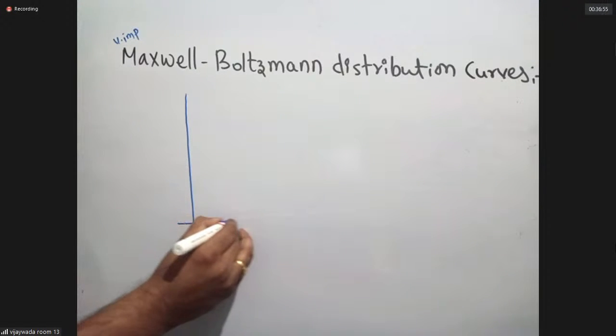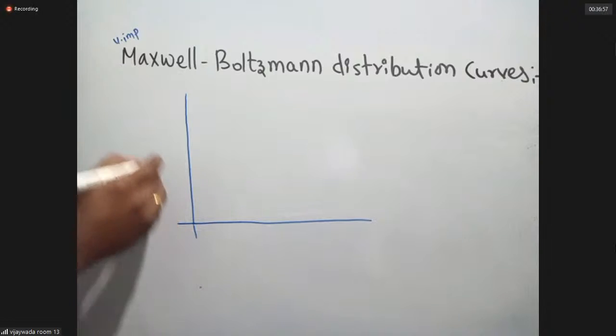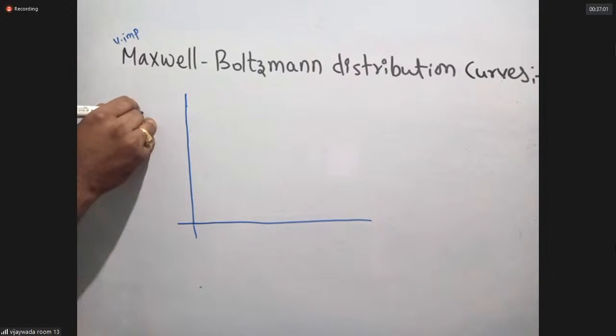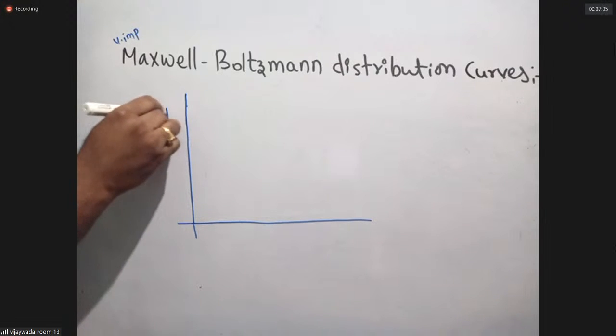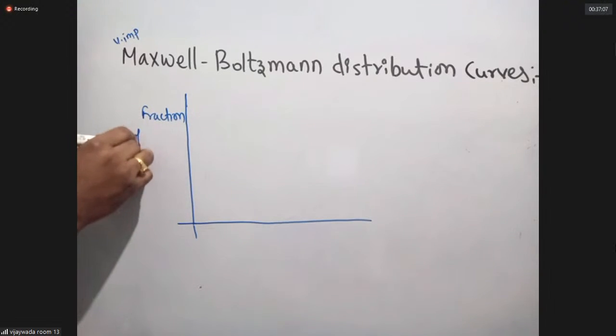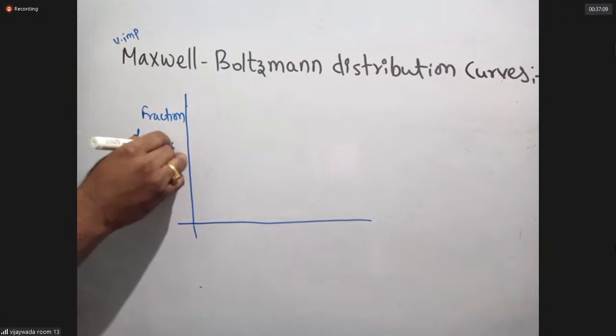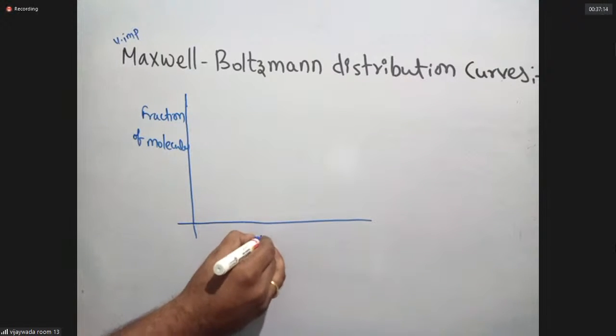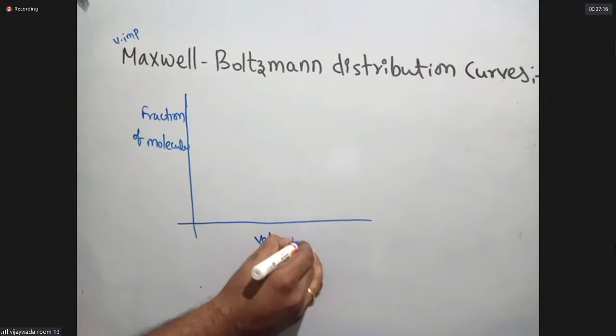What they observed: in the y axis, fraction of molecules, in the x axis, velocity or speed of the gas molecules.